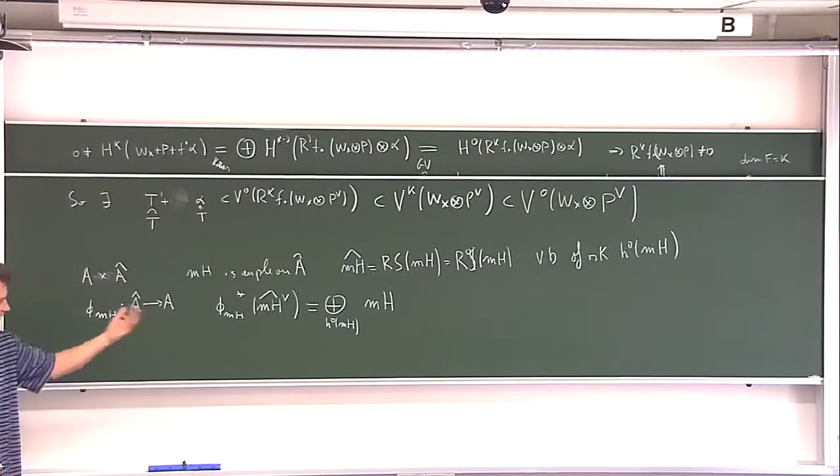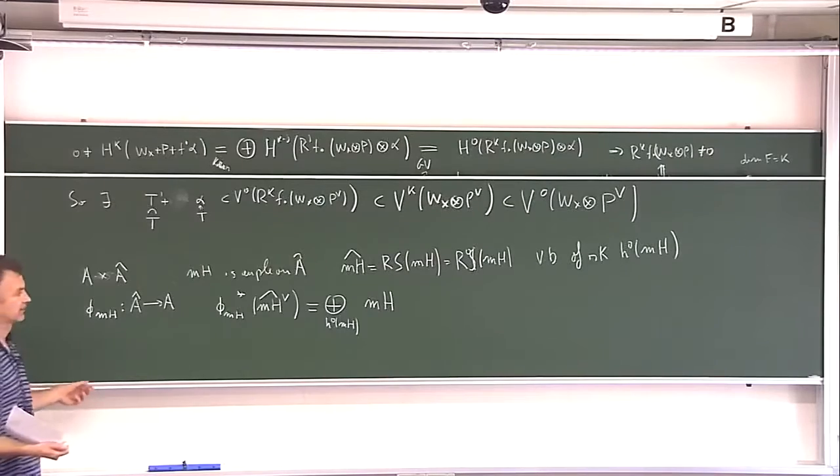So after this finite isogeny, it splits as a direct sum of ample line bundles.